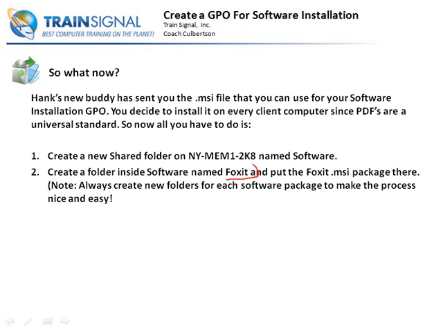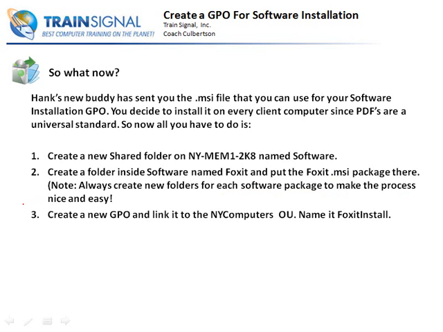And by the way, that's the name of the software package I'm going to be installing during the demo section. And then we're going to take the MSI package that we got from Hank's buddy, and we're going to drop it into that particular folder. Here's a quick note. Always create new folders for each software package, so that way your process for installation is nice and easy and you won't have any weirdness happening.